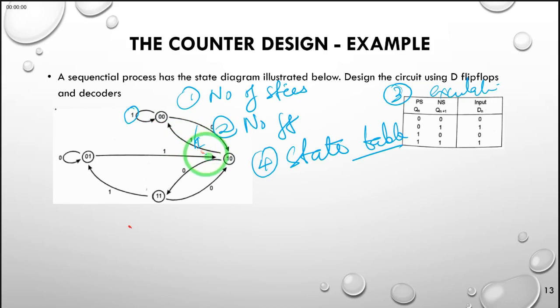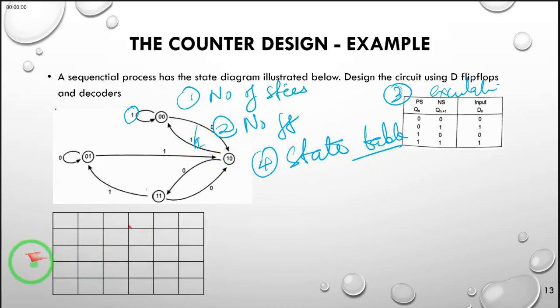So we develop our state table, and we know that the state table always has the present state and the next state, with the required inputs. For this case, our present state moves to the next state dependent on some number of inputs.